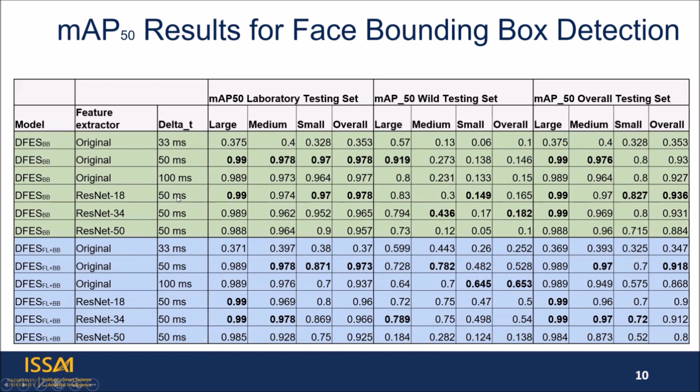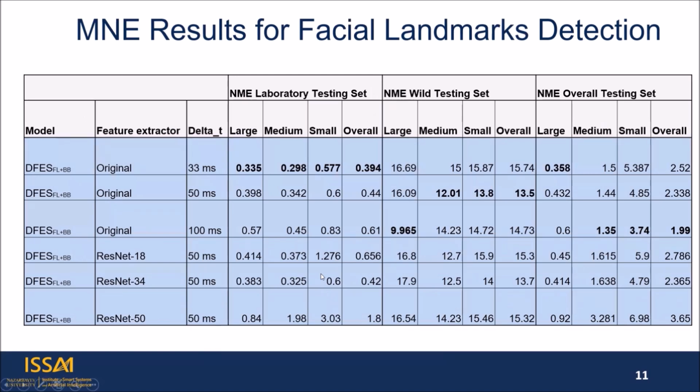Among the combined facial landmarks and bounding box detection models, the best overall results were achieved using the model with the original feature extractor and the 50 millisecond accumulation time. The lowest NME score on the overall testing set was obtained using the model with 100 millisecond accumulation time and the original feature extractor.